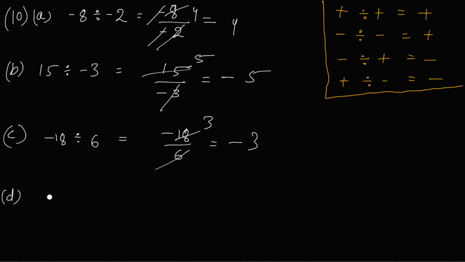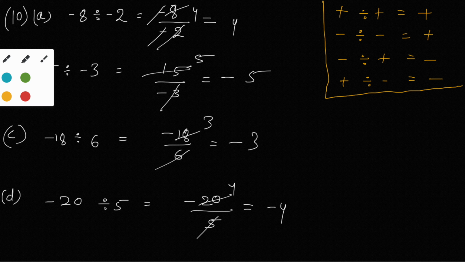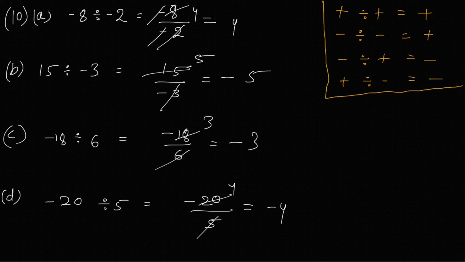Now move to question number D. Question number D is minus 20 divided by 5. So it's 4, and here negative 4. Now let's move to question number E. I hope you have learned this process, and the best way to learn these operations is by solving problems.